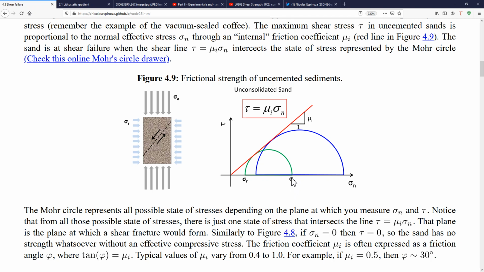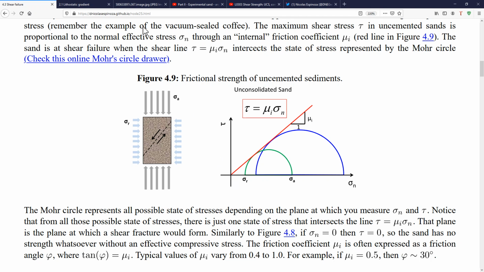Okay, what about, for example, if we don't have any effective confining stress, if this sigma r is equal to 0? Well, if sigma r is equal to 0, you can see right away from the plot that sigma a also is going to be equal to 0, and that's going to mean that this material cannot hold any shear stress.